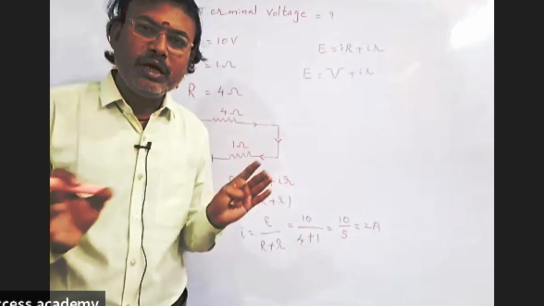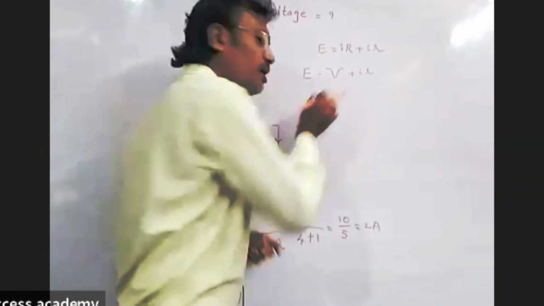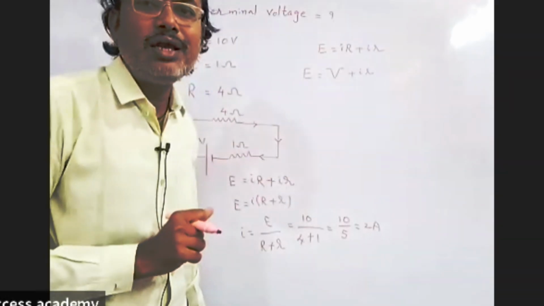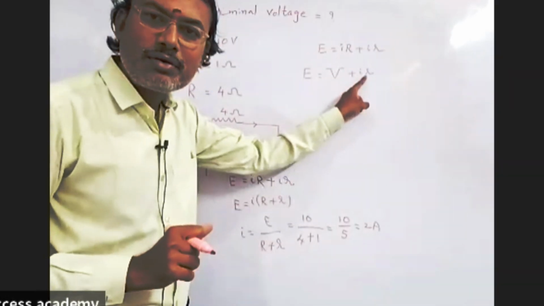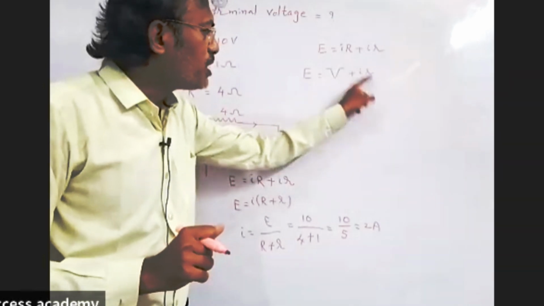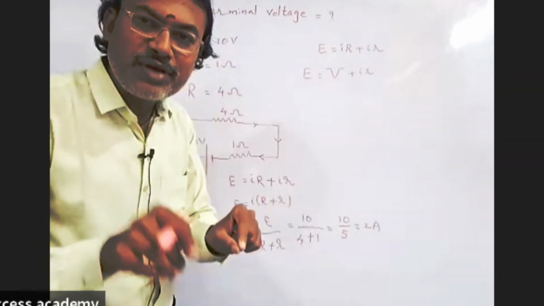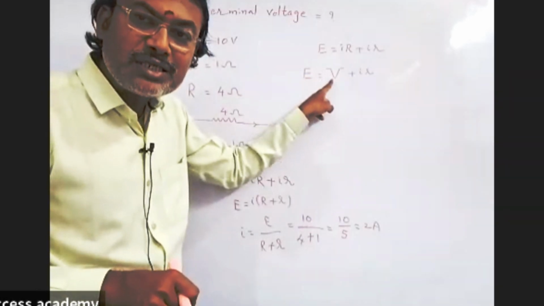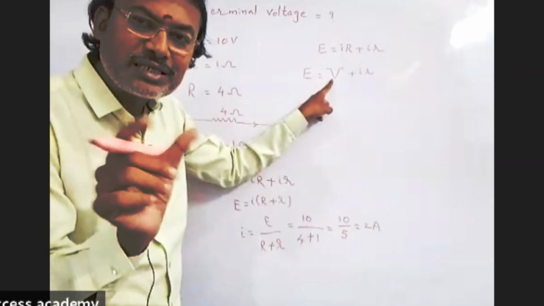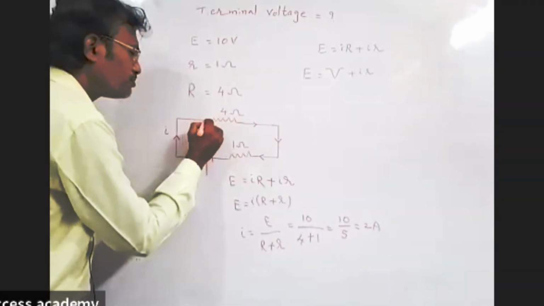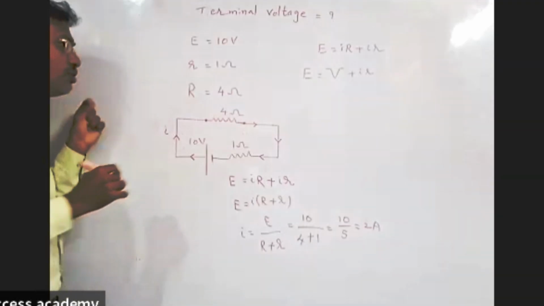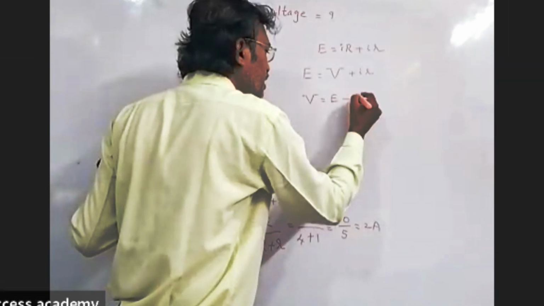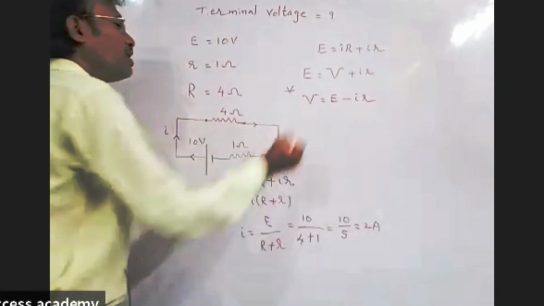But when you substitute capital V like this, it applies only to the external resistor, I into capital R, not I into small r. This V is the potential difference across the external resistor. So V is equal to E minus Ir. This is the formula for terminal voltage.